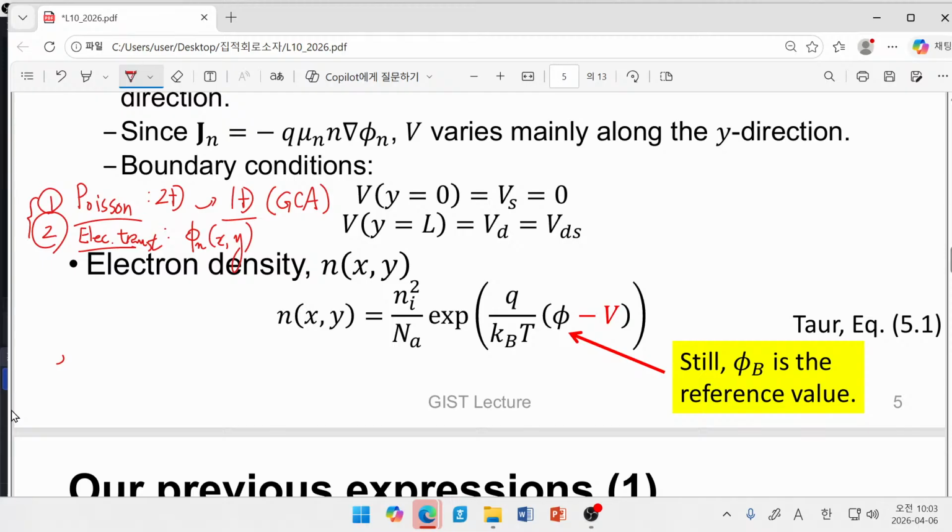Okay, so now you can ask me this question. In order to calculate electron density, we must solve a Poisson equation. Then in the Poisson equation, we have an expression for electron density.